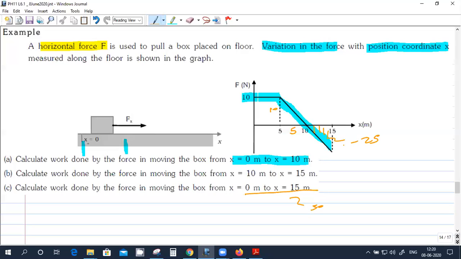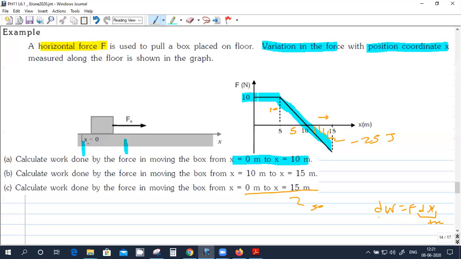So why is the work done under the x-axis negative? Sir, I think because force is acting in the opposite direction. See, dW is F dx, right? So x is increasing, when I'm going from here to here, so dx is positive.